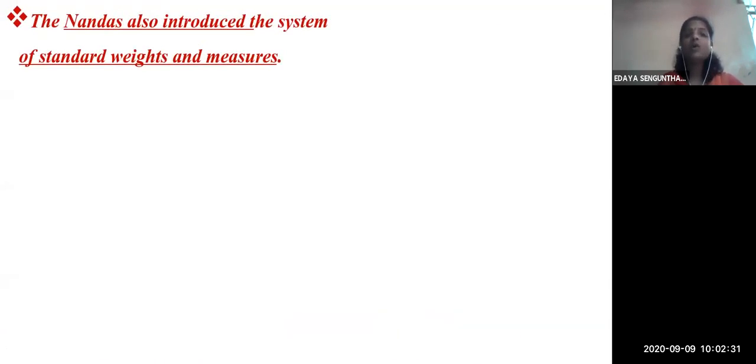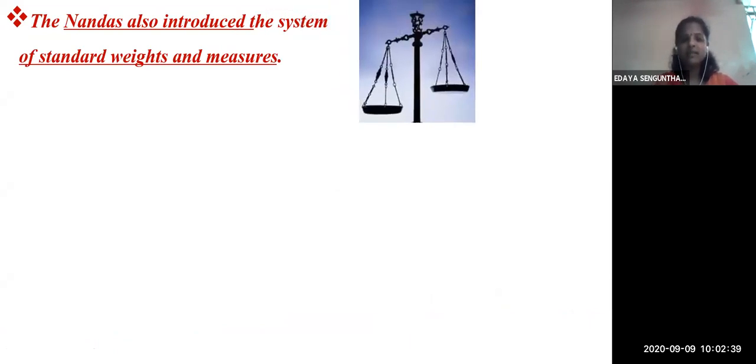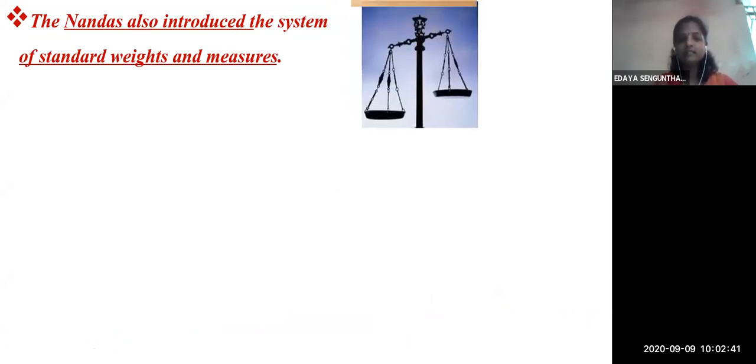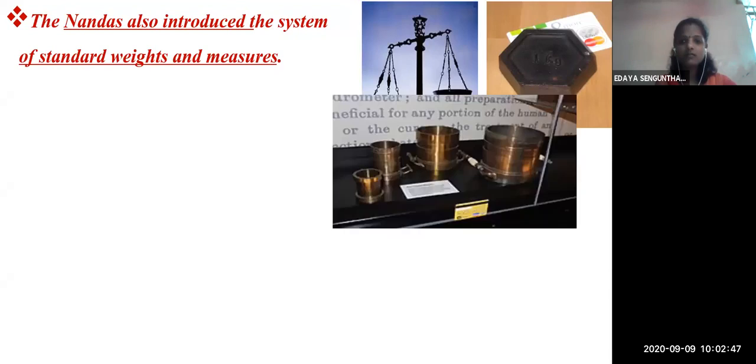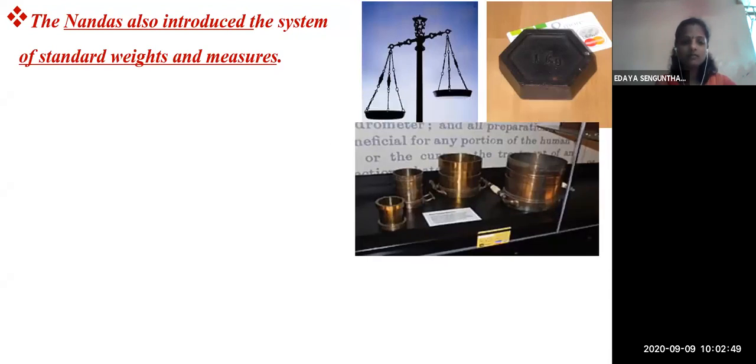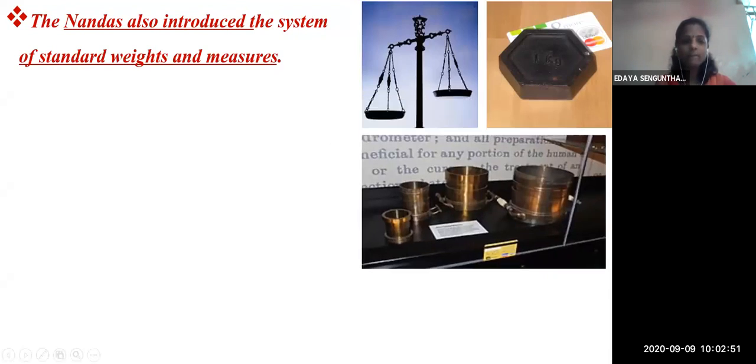Now, the Nandas also introduced a system of standard weights and measures. Nowadays, we have standard weights and measures. From this picture, you can understand better. What is this? Who will tell what this is? Yes, Pankini. Say, beta.